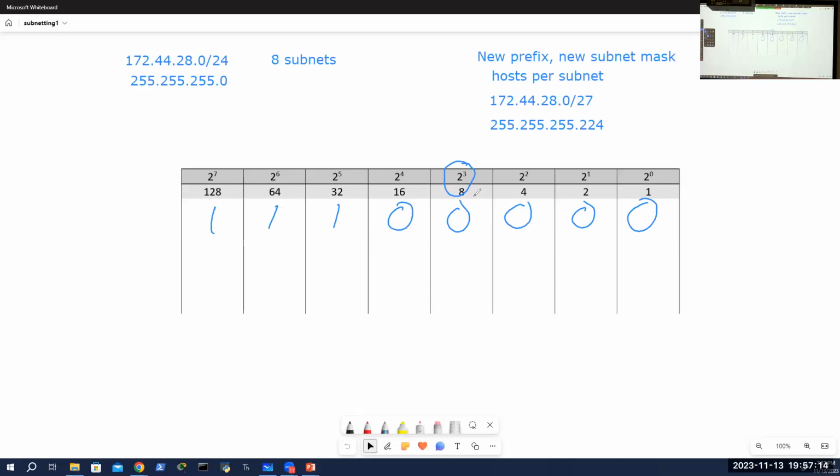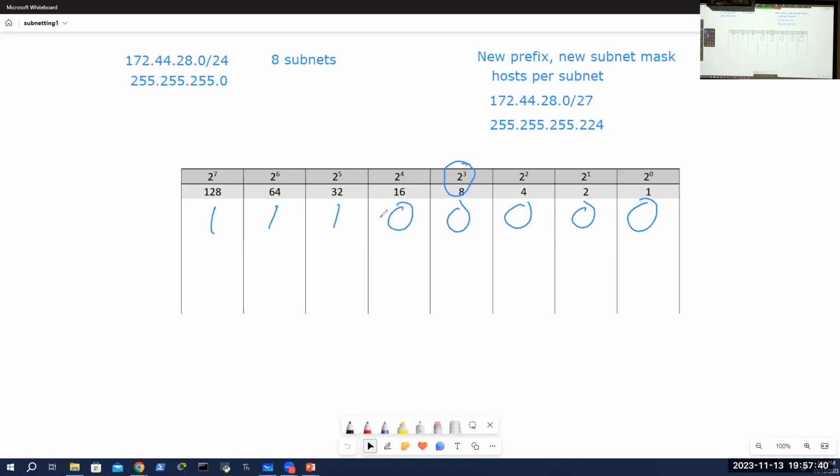Hosts per subnet. Anybody in Zoom get that? 32. Okay. It's 2 to the 5th.